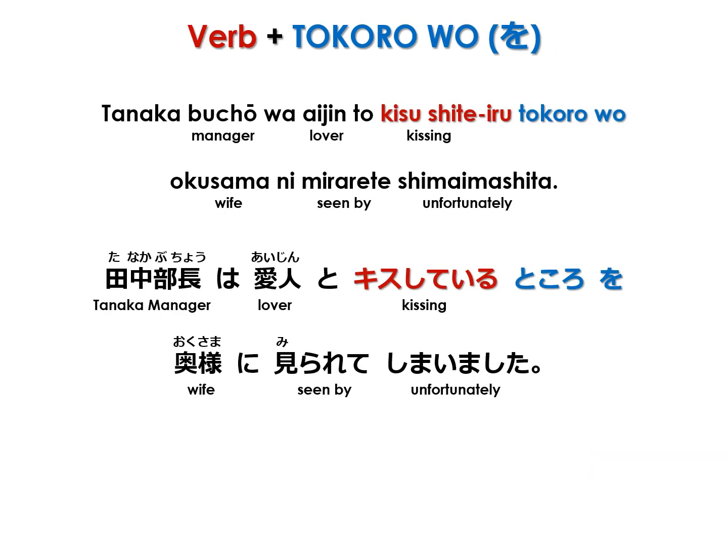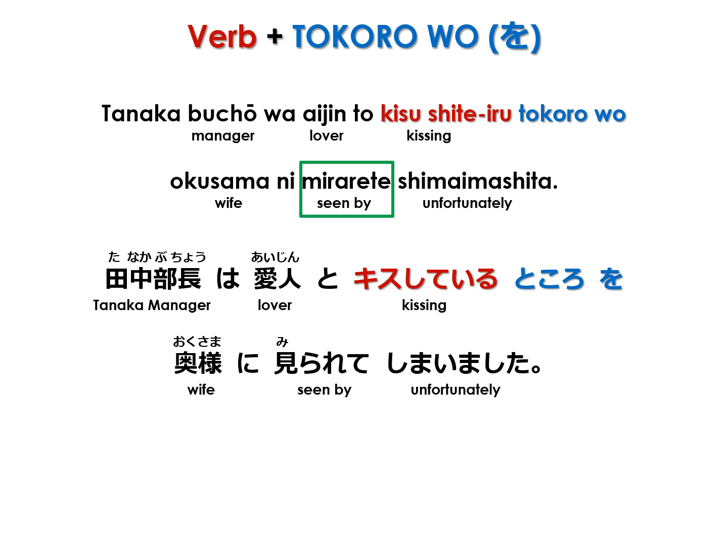Next example. Tanaka buchou wa aijin to kiss shite iru tokoro wo okusama ni mirarete shimaimashita. Mirarete is again a passive construction.